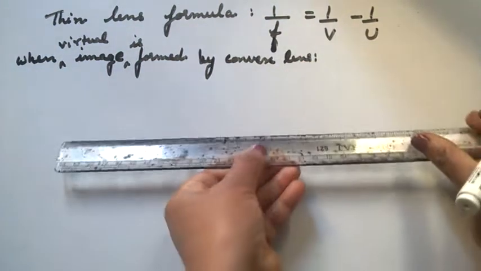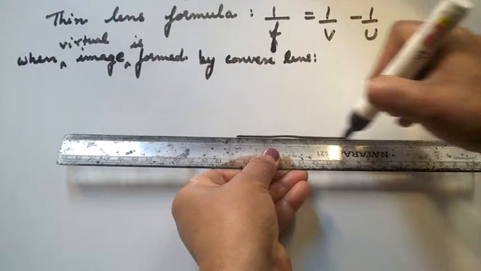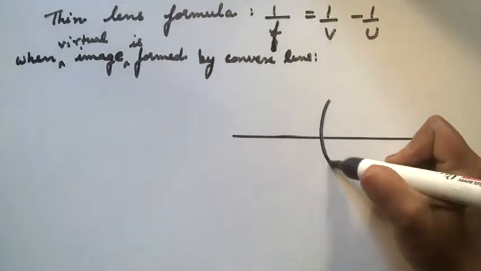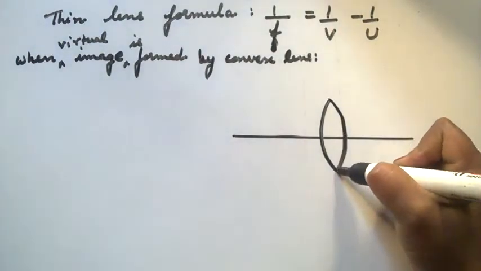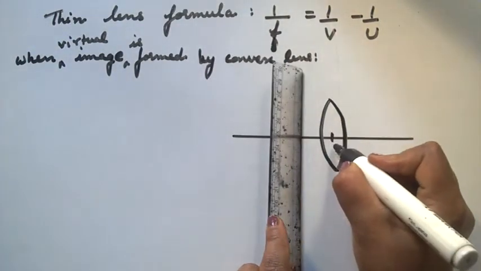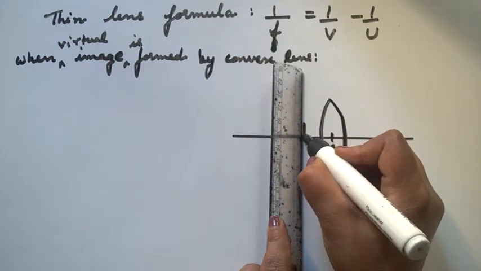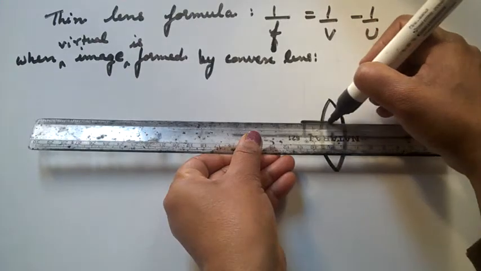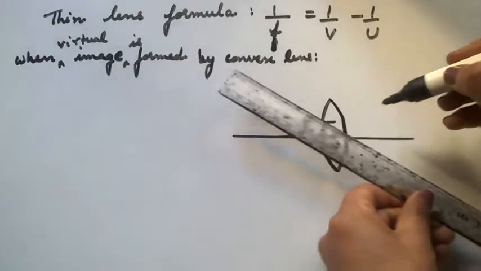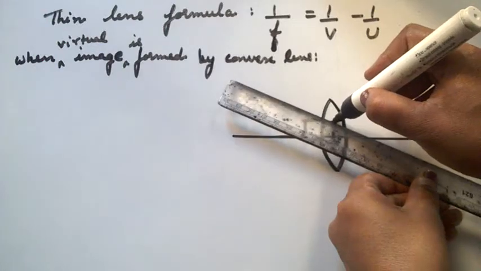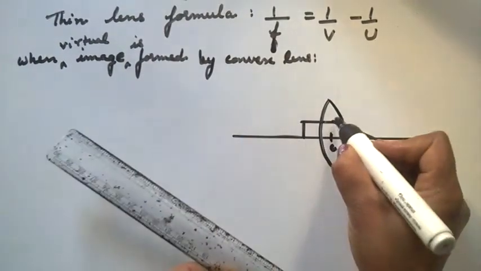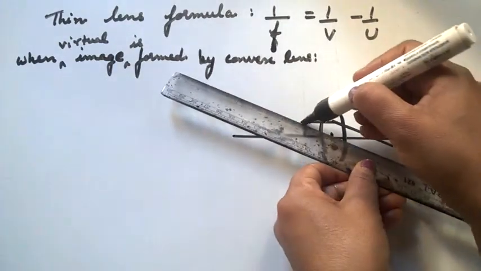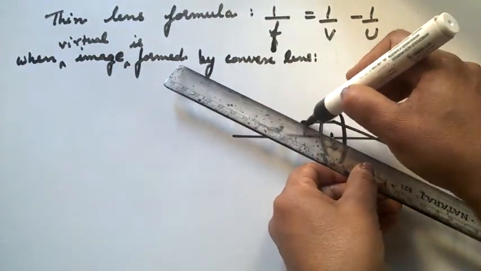Then the object is placed within the focus, between optical center and focus, and the ray which is parallel to the principal axis will pass through the focus. The ray which is passing through the optical center will remain undeviated.